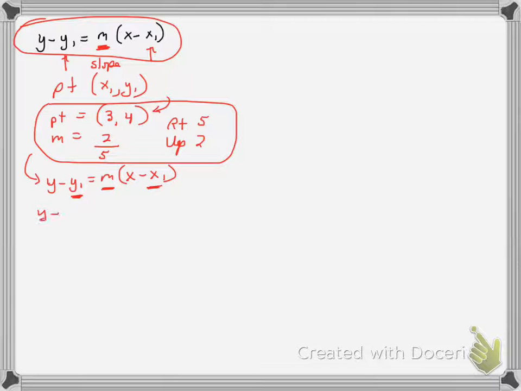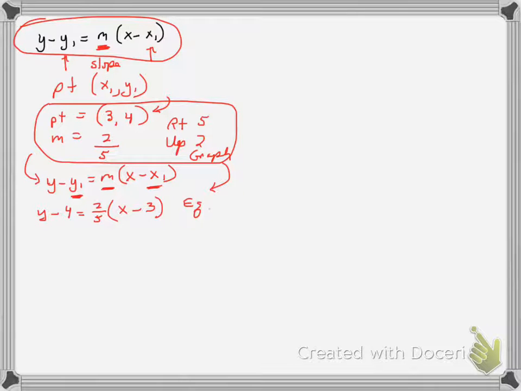So y minus 4 equals 2/5 times x minus, and the x value on the point is 3. So that's going from a graph to an equation. Now this equation is not very helpful because I've already got my graph. So this is just the equation of the line. Now I can convert that to a different form, but it doesn't matter.